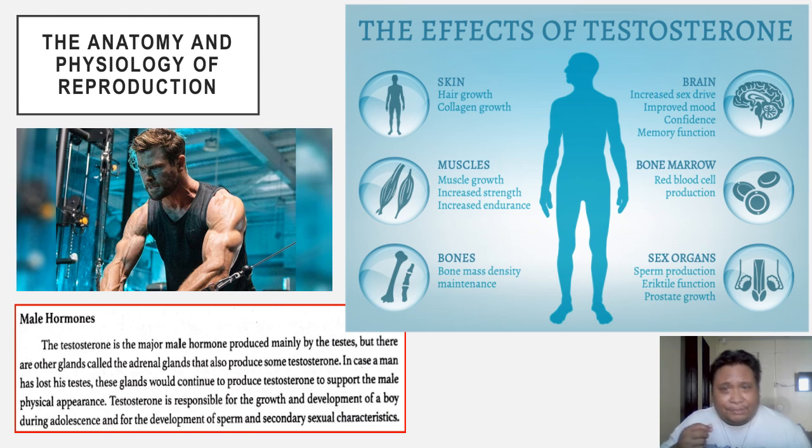For the brain, the effects of testosterone could also increase the level of sex drive, improve mood, confidence, and even memory function. In the bone marrow, it causes a large amount of red blood cell production, and most of all in the sex organs, it's sperm production, erectile function, and also prostate growth.